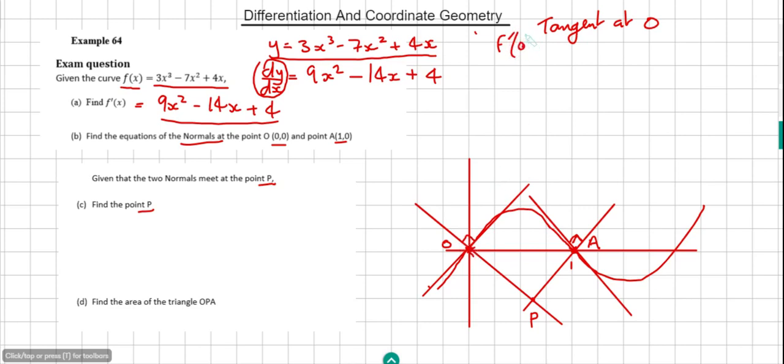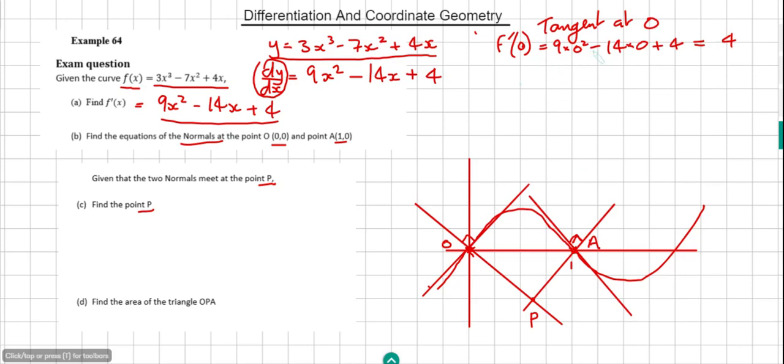So I could write that like that, f dashed at x is 0. What I will get is 9 times 0 squared minus 14 times 0, plus 4. So that will give me that the gradient of the tangent at O is equal to 4.